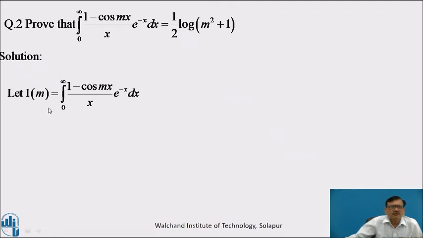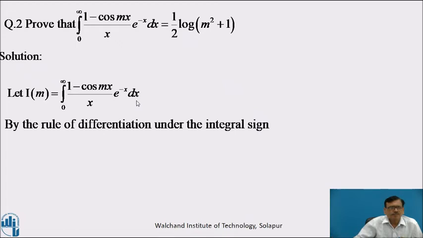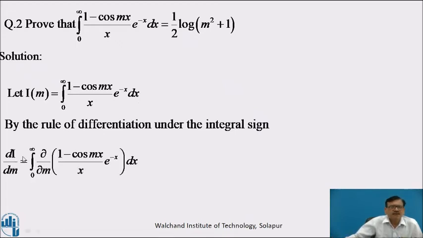Let I of m equal the integration from 0 to infinity of 1 minus cos mx by x into e raised to minus x dx. By the rule of differentiation under the integral sign, we get dI by dm equal to the integration from 0 to infinity of dou by dou m of 1 minus cos mx by x into e raised to minus x dx.